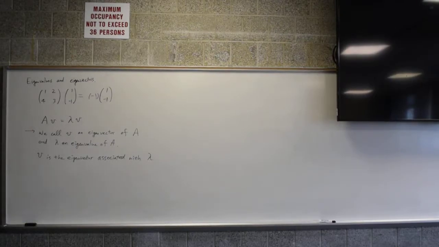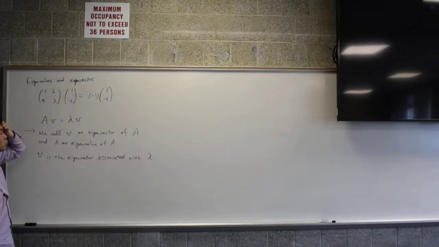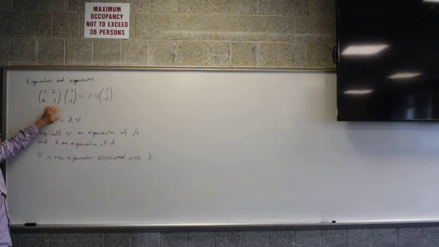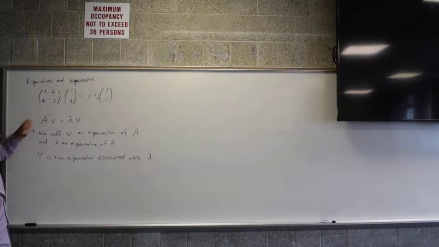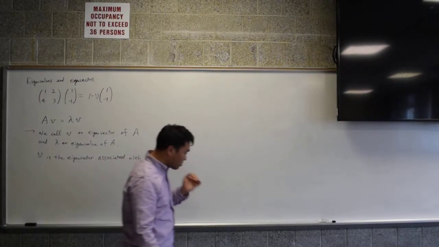That's the definition. Now, last time I just threw in this identity and verified that it is indeed true, but I didn't teach you how to get this vector from the given matrix. So let's do this.